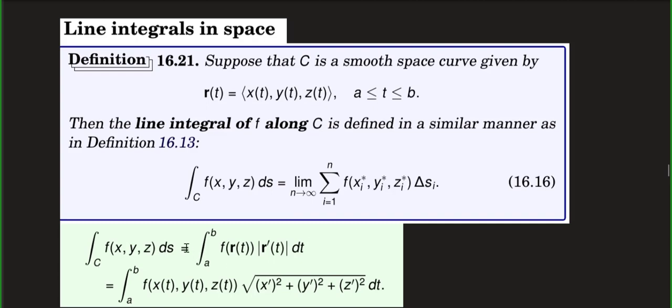And for the integral, we have the same integral of f composed with the curve r(t) multiplied by the norm of r prime, which we can compute by this square root of x prime squared plus y prime squared plus z prime squared. For a space problem, I consider this. We want to evaluate the integral of y sine z. So our equation is this, and the curve is in 3 dimensions as cosine t, sine t, and t.